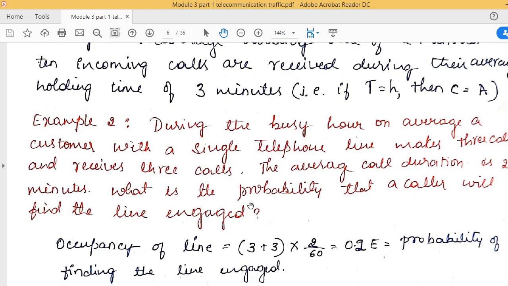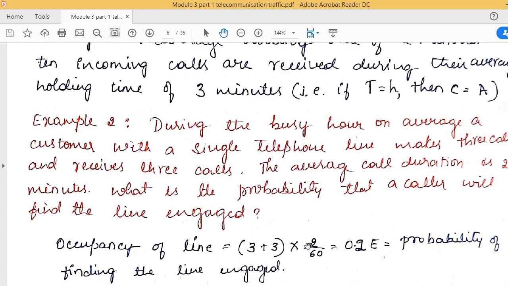So we need to find what is the occupancy of that particular line. So occupancy of the line is equal to A, which is nothing but occupancy. We have already defined that occupancy is nothing but traffic. A is equal to CH by T, where C is incoming calls plus outgoing calls. So total 3 plus 3, 6 calls are arriving at this particular line.